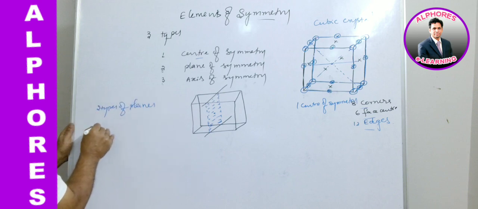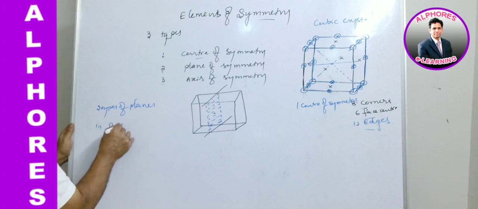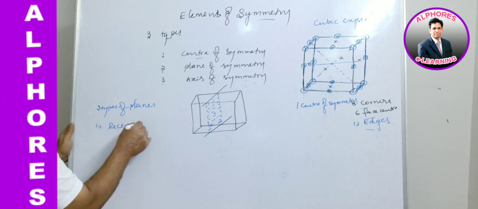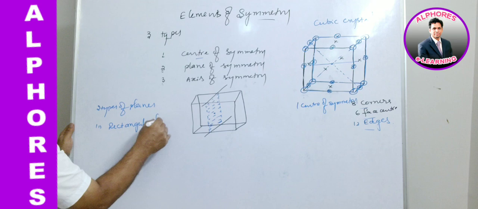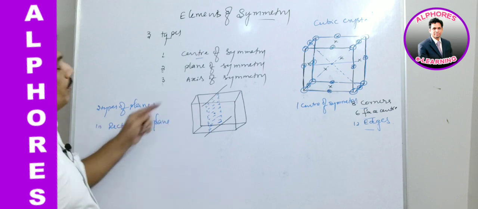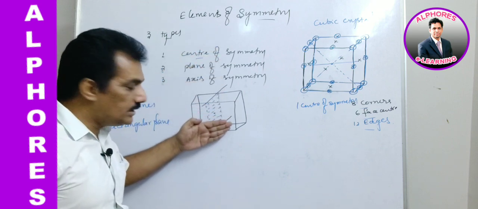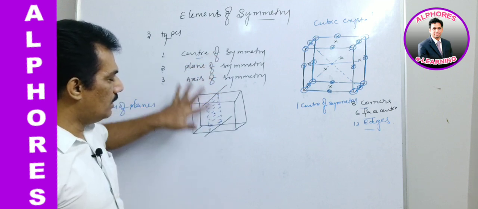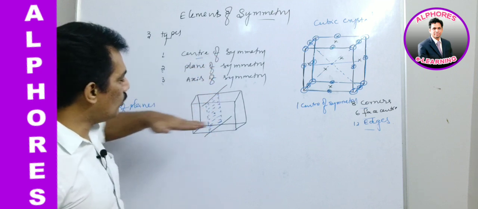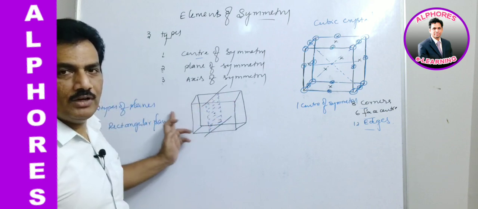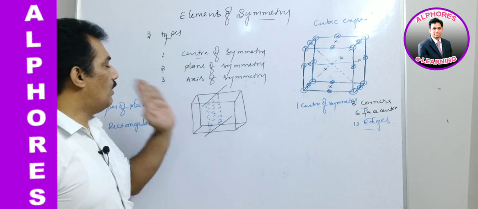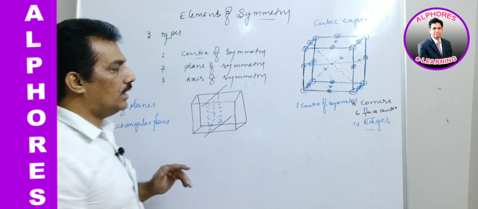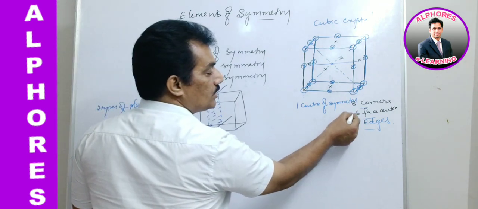One is the rectangular plane. This type of plane passes through the face centers, covering two face centers. This rectangular plane will cover this one and this one, and another will cover two other faces.